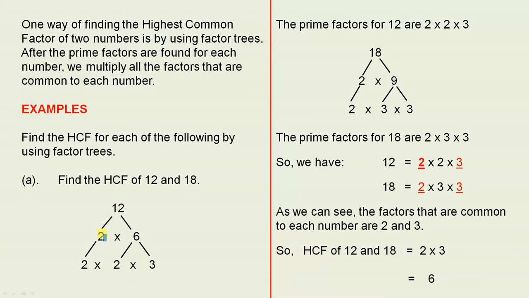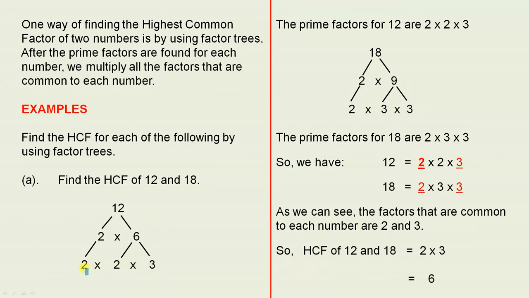So that's the lowest prime number which divides into 12, so it's 2 times 6. We continue the 2 down here. Now what are the two numbers multiplied together to give us 6? 2 times 3. So we have 12 here, and if we multiply those three numbers together, they will give 12.